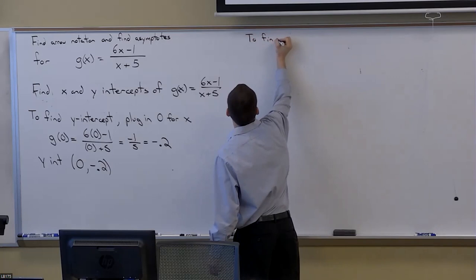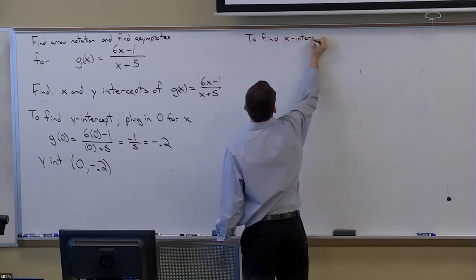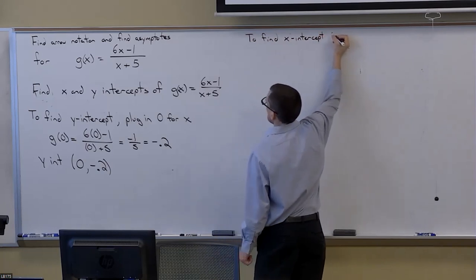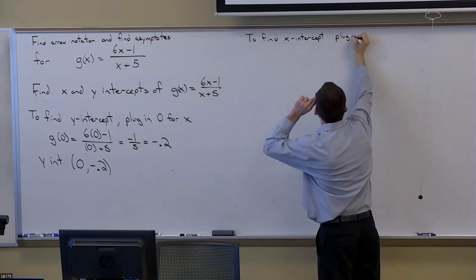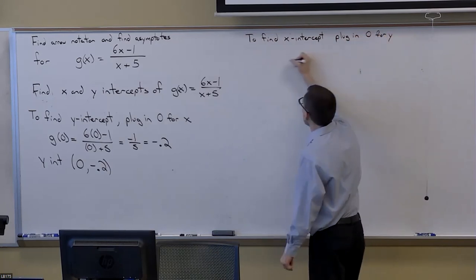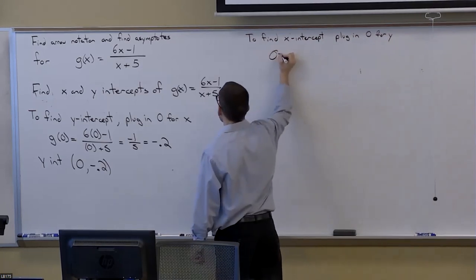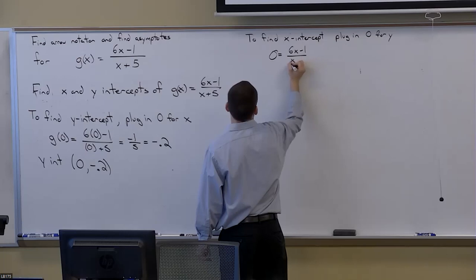To find the X-intercept, plug in 0 for Y. Y value is just your output value.